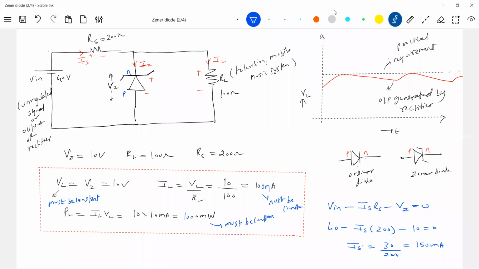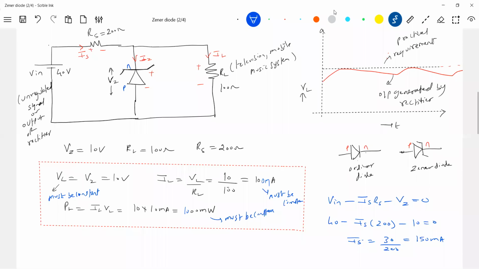Now how much current flows through the Zener diode? Let's check it by applying KCL. IS equal to IZ plus IL. This IL is fixed here. IS we got 150. Finally we end up with IZ equal to 50 milliampere.